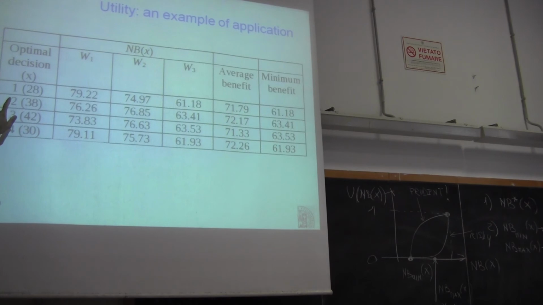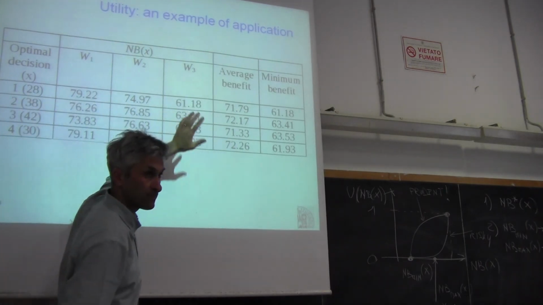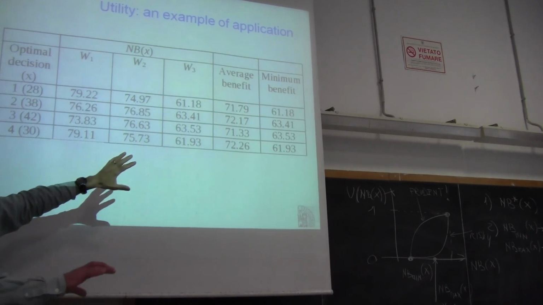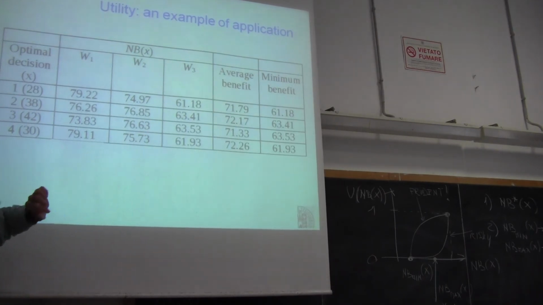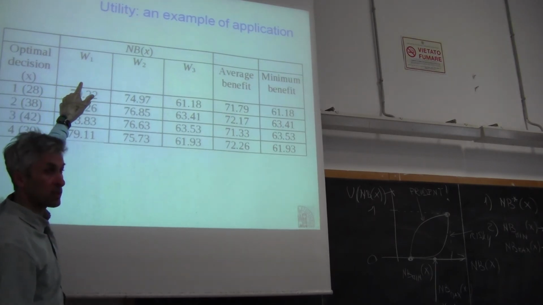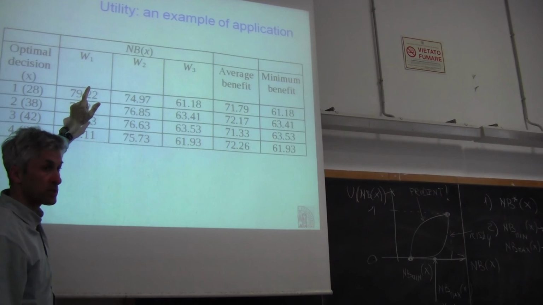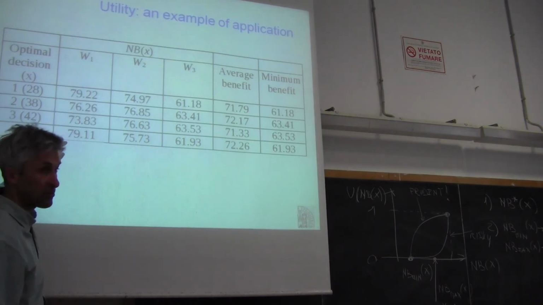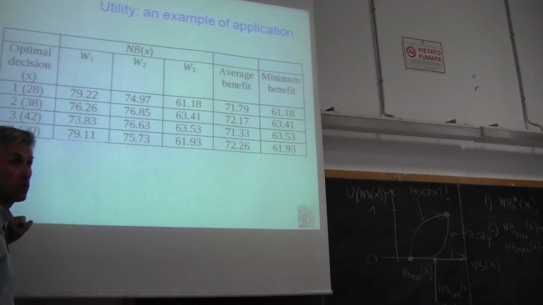And then you can compute for each of these optimal allocations the three benefits, what I did before in order to show the graph with the maximum of the minimum. And look, given that 28 is the optimal allocation for W1, you would expect that the other allocations have a lower benefit. In fact, you see that they have a lower benefit.